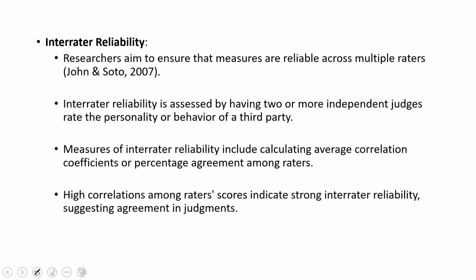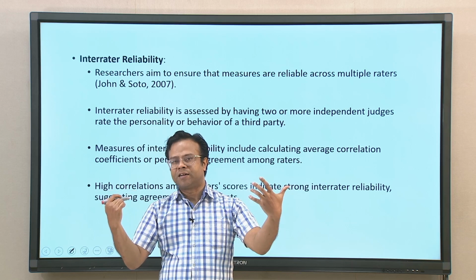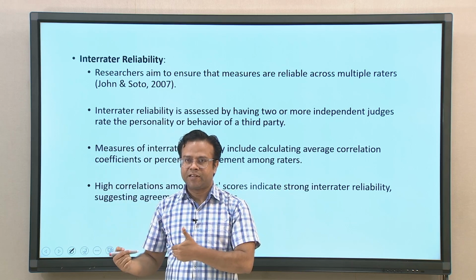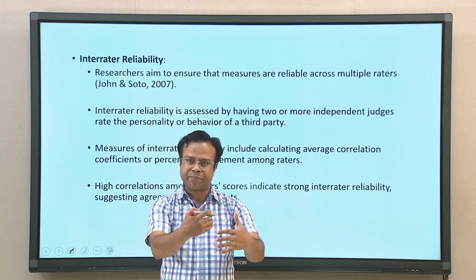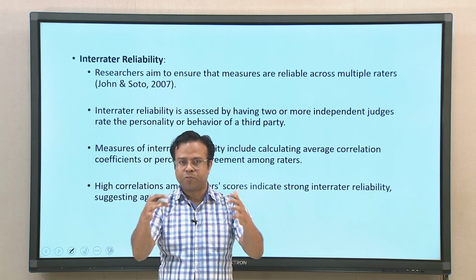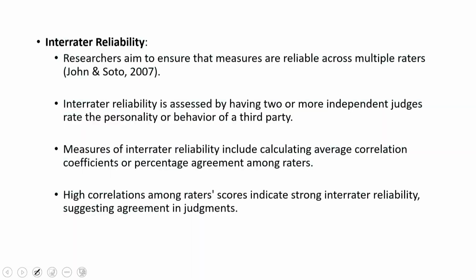The last one is inter-rater reliability, when two or more raters give a rating of a third person using a test, and they see whether they all agree on the same thing. If they all agree using the same test, then probably this test is more reliable. So, researchers aim to ensure measures are reliable across multiple raters, multiple people who are giving the scores.